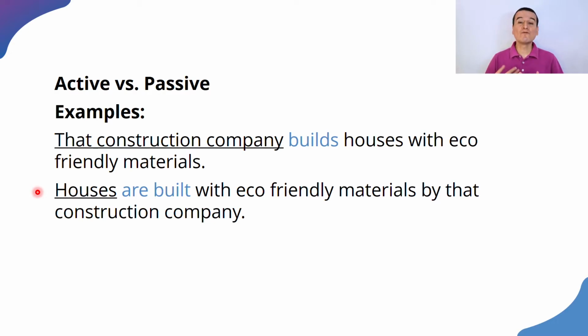So, how do we form the passive voice? This is the key. We take the verb tense of the main verb in the active voice and we apply it to the auxiliary verb be in the passive voice. That's why builds is in the present simple and are is in the present form. All right? And the main verb of the sentence is the one that we include in the past participle form in the passive voice.